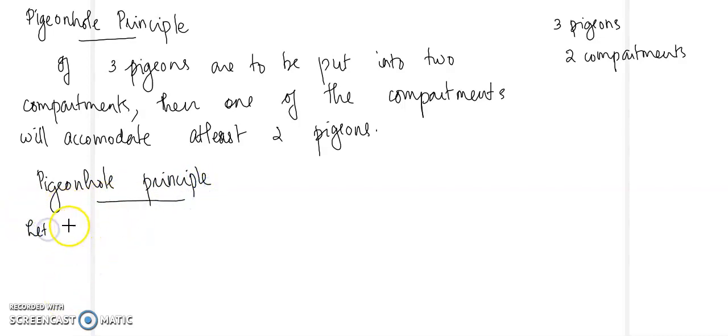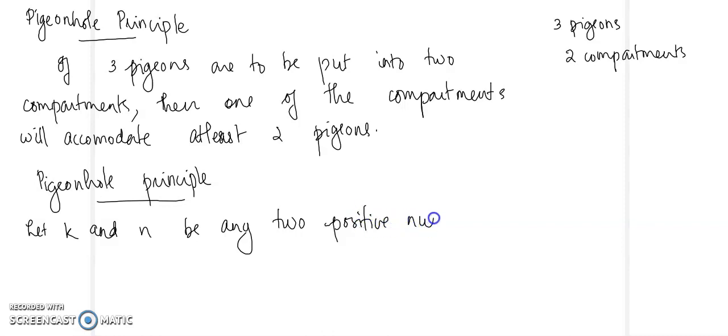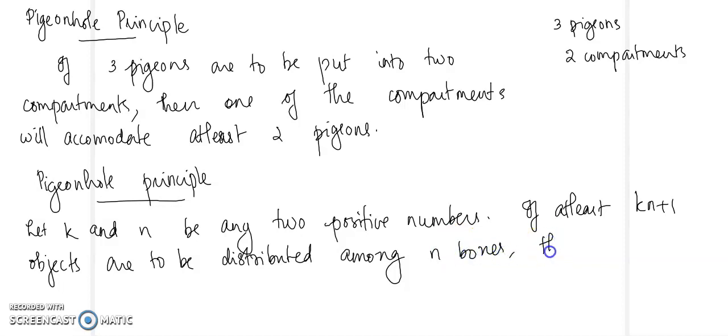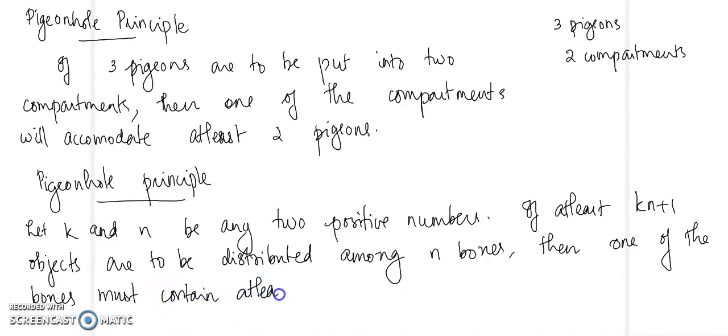The pigeonhole principle states that let k and n be any two positive integers, and if at least kn+1 objects are to be distributed among n boxes, then one of the boxes must contain at least k+1 objects.